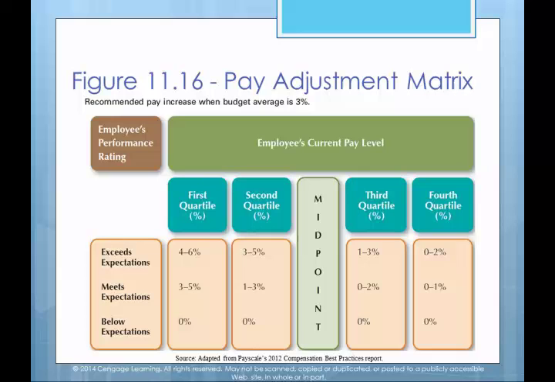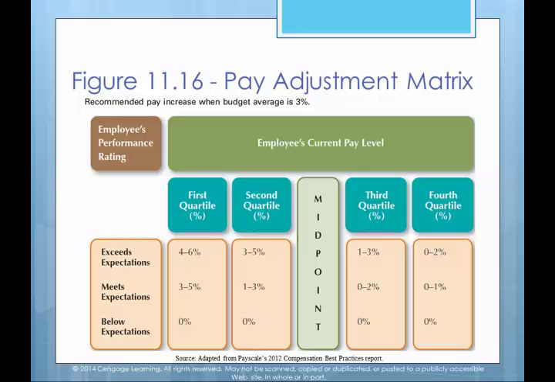So employees don't understand why Susie Q is getting 5% with the same performance and Diane is getting 2% with the same performance. It's based on where you are in your range, your comp ratio. And this is a very hard concept for employees and managers to explain.